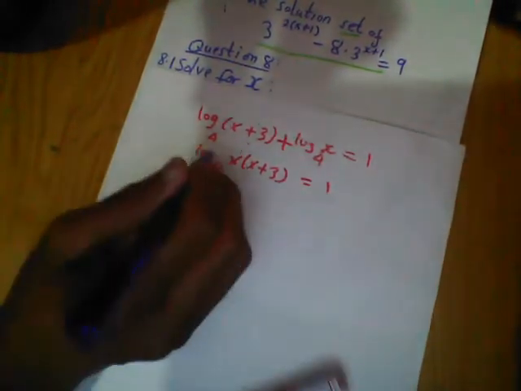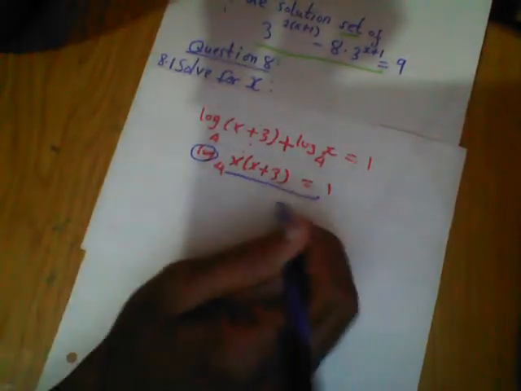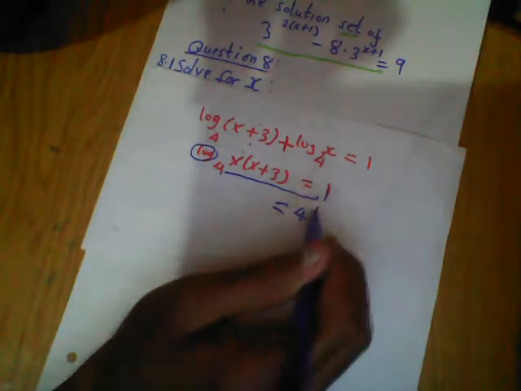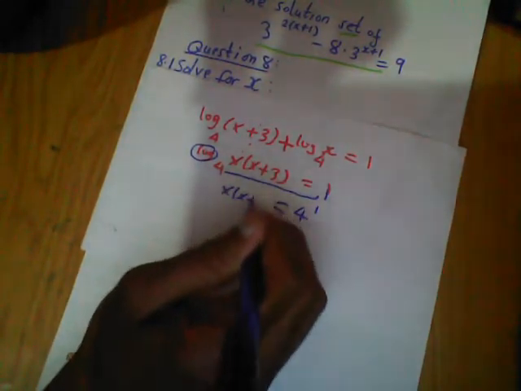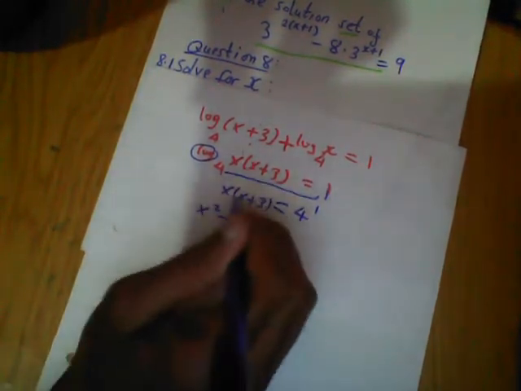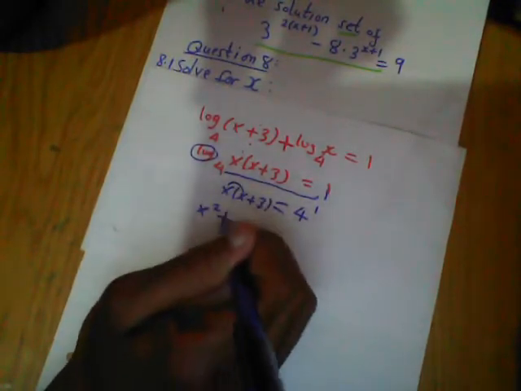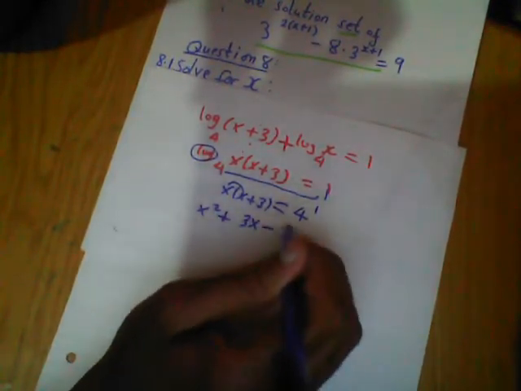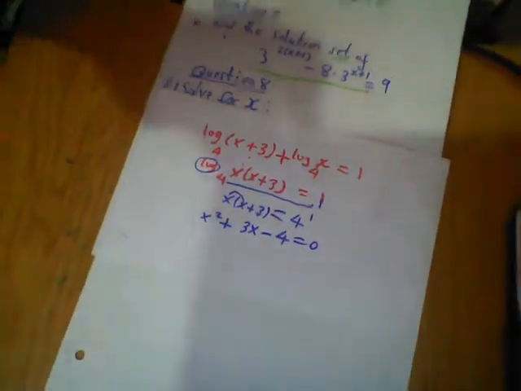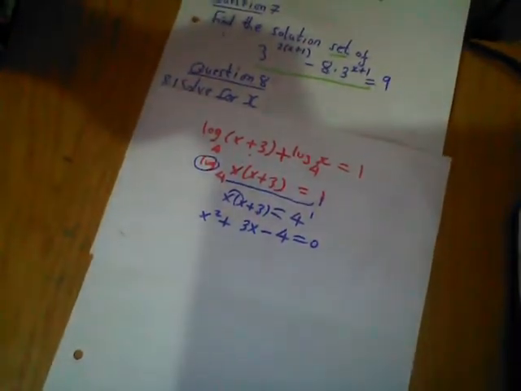And this is exponential: log is on one side, so we push the 4 to the other side, and 1 goes on top, so this is x plus 3. So x squared, multiply that out, so it's going to be x squared plus 3x minus 4 equal to 0.